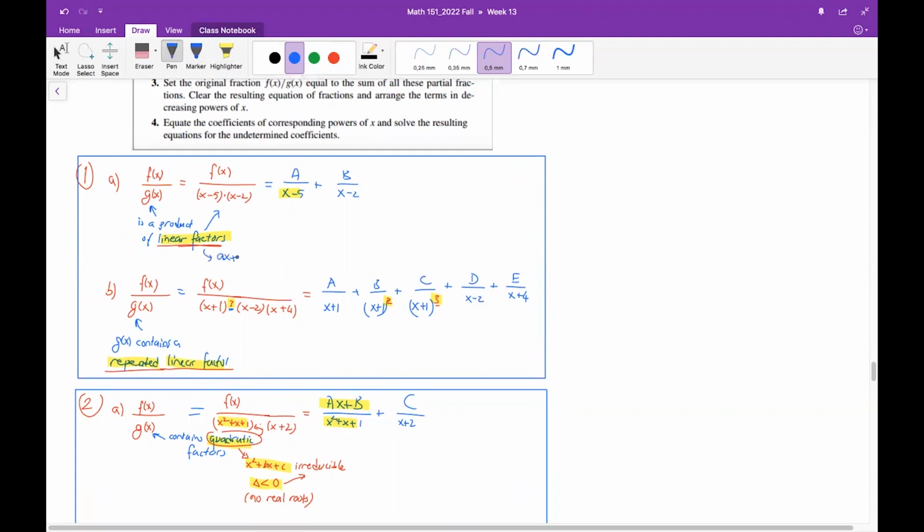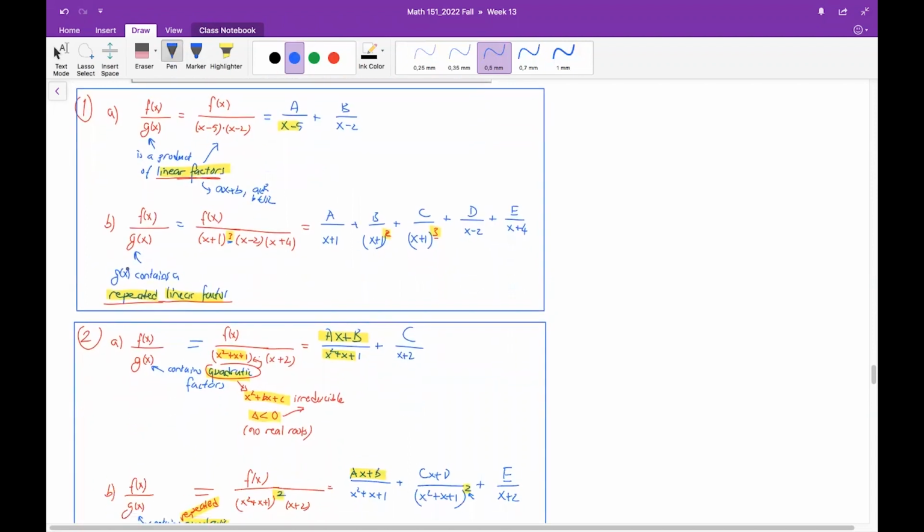Linear factors are factors of the form ax plus b, of degree 1, where a and b are real numbers. We want to decompose this quotient into simpler partial fractions, so you can write it as a sum of two fractions like that.